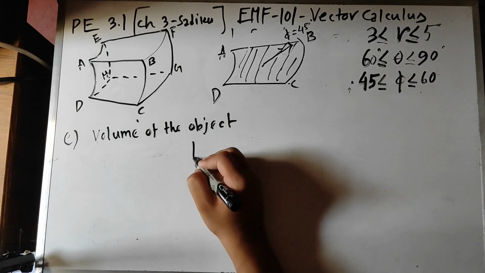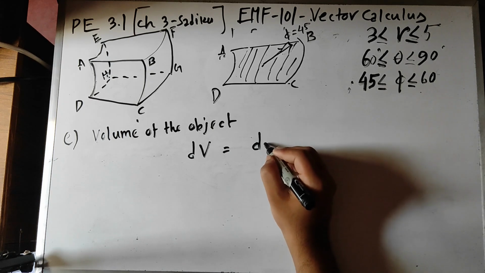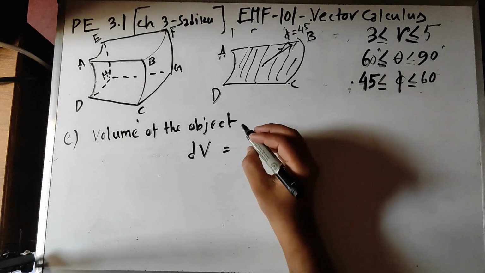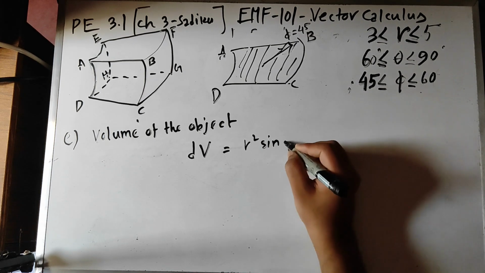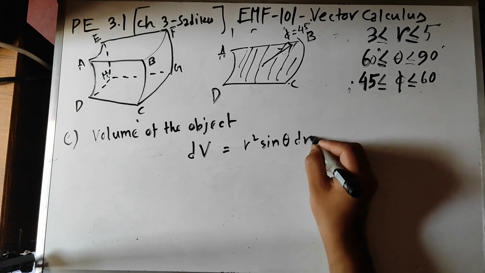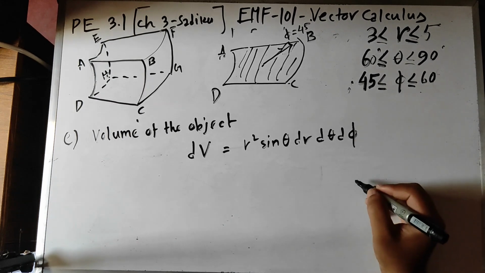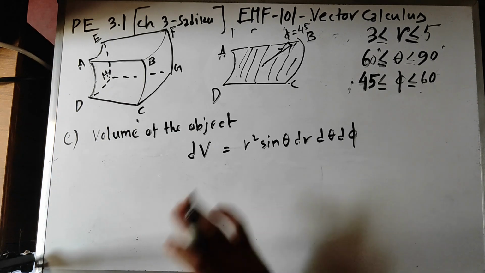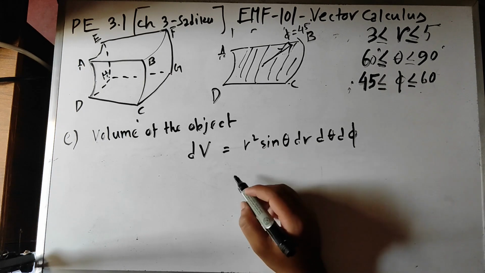We know the differential volume is r squared sine theta dr d theta d phi. No direction, it spreads in all directions. Volume spreads in all directions, there's no particular direction.